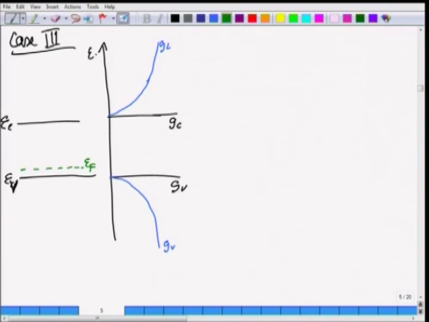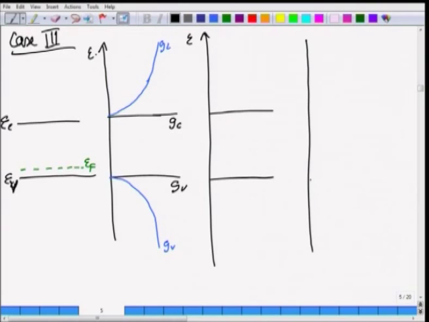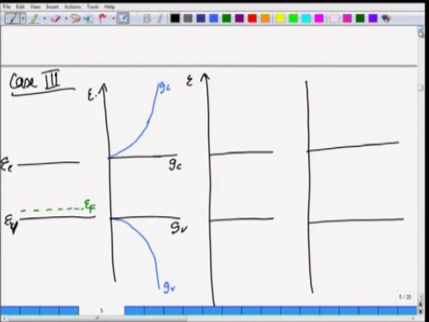In that case, what happens? Let us plot the Fermi energy curve. Here is the energy. We are going to plot on this GC times f of E, and I am going to plot 1 minus f of E times GV on this axis.